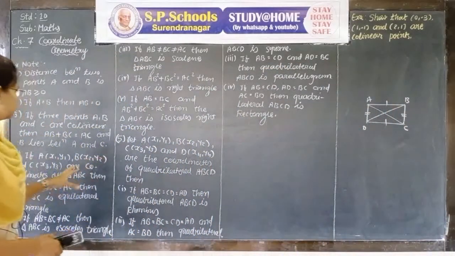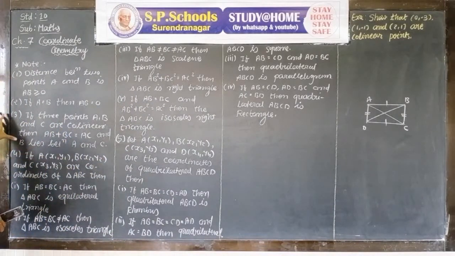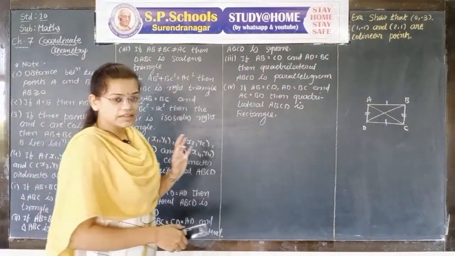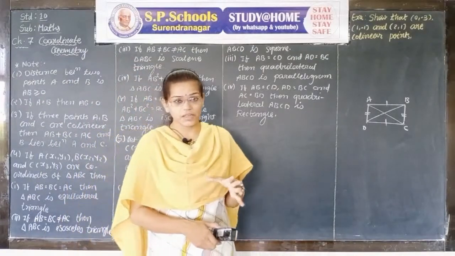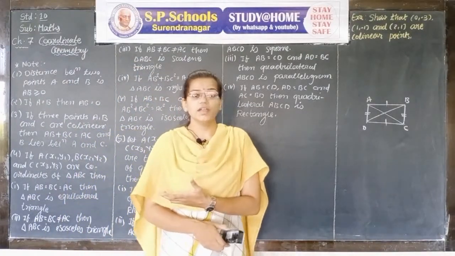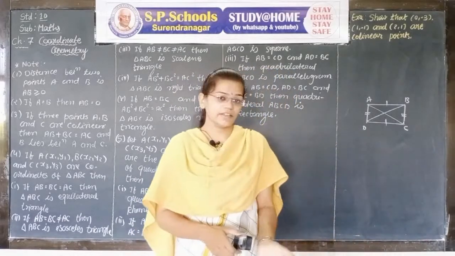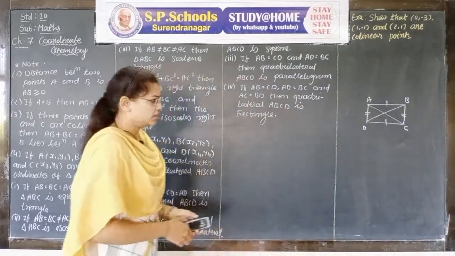Keep in mind, this is not for linear points, collinear points. It is the most important condition. For the triangle and for the quadrilateral, keep in mind the characteristics. Names will be changed. Here we are taking triangle ABC, you can take triangle PQR, triangle XYZ, etc.